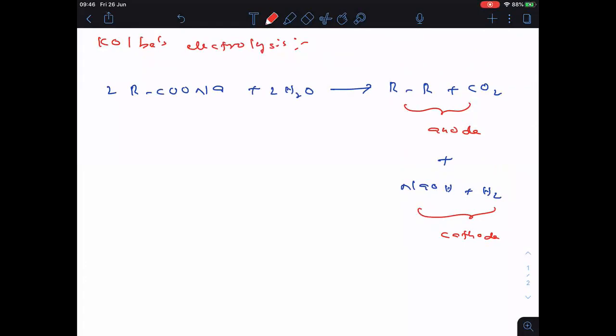So this R-R, what is that called? Tell me, alkane. This R-R is said to be an alkane. Which alkane? Symmetrical alkane. So please copy the reaction quickly. Then we will see its mechanism. Then some concerned examples we will be seeing.